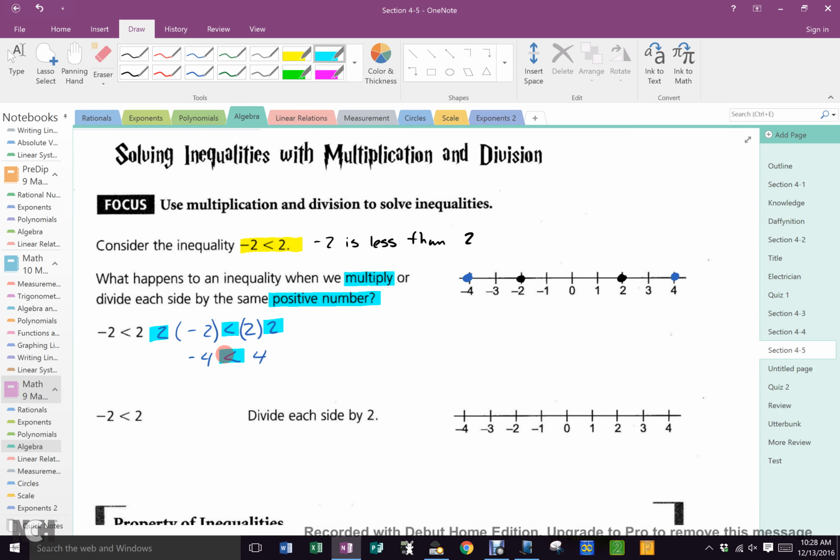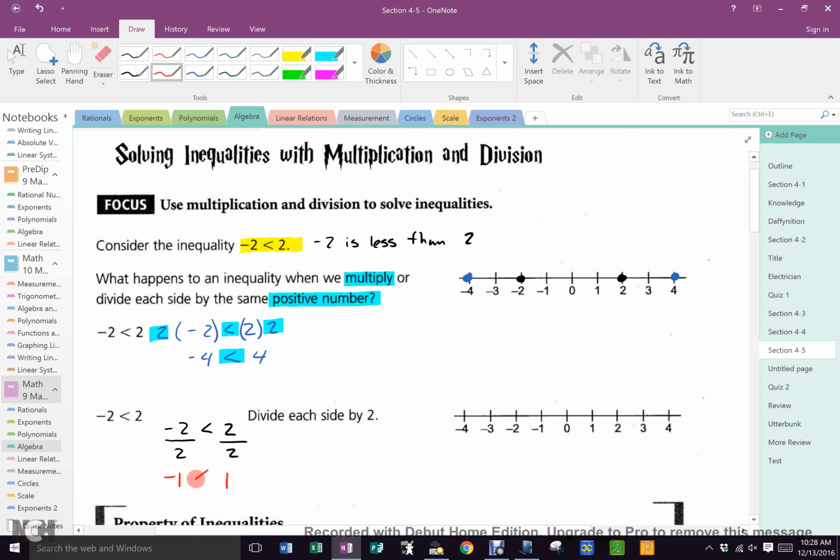Okay. Now we're going to divide each side instead of multiply. So I started with -2 is less than 2, yes? And now I'm going to divide them both by +2. What is -2 divided by +2? -1. What is 2 divided by 2? +1. What sign goes in the middle?